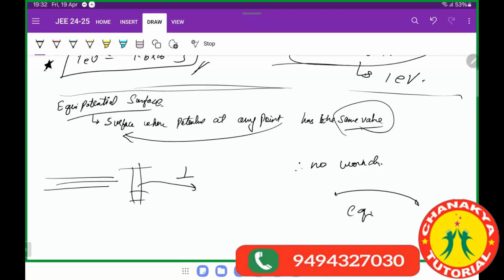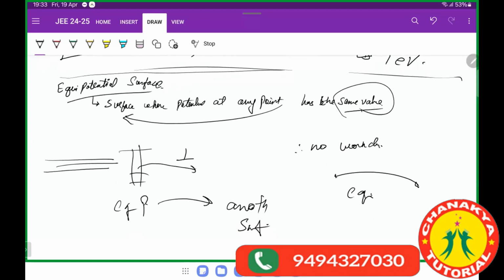But work is done when it is moved from one equipotential surface to another surface. Inside the equipotential surface, it is zero. There are many confusing questions they will ask with these things. That's why I'm repeating again and again so that it will fix in your mind.